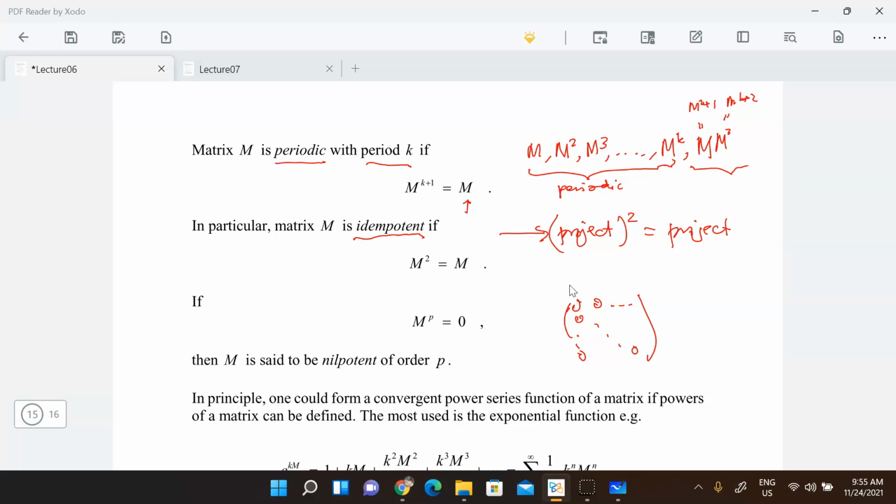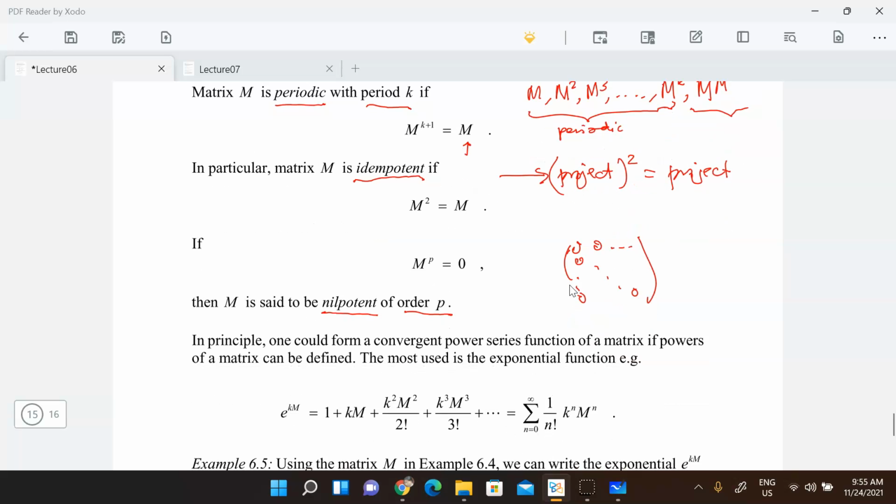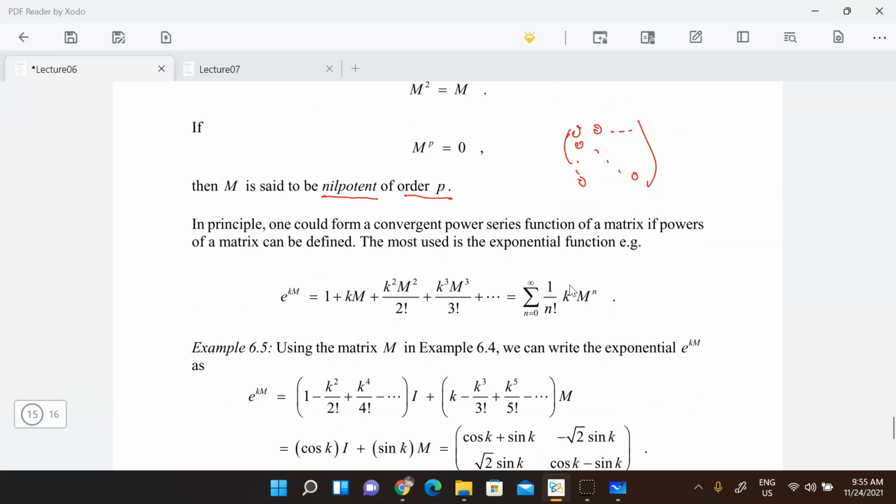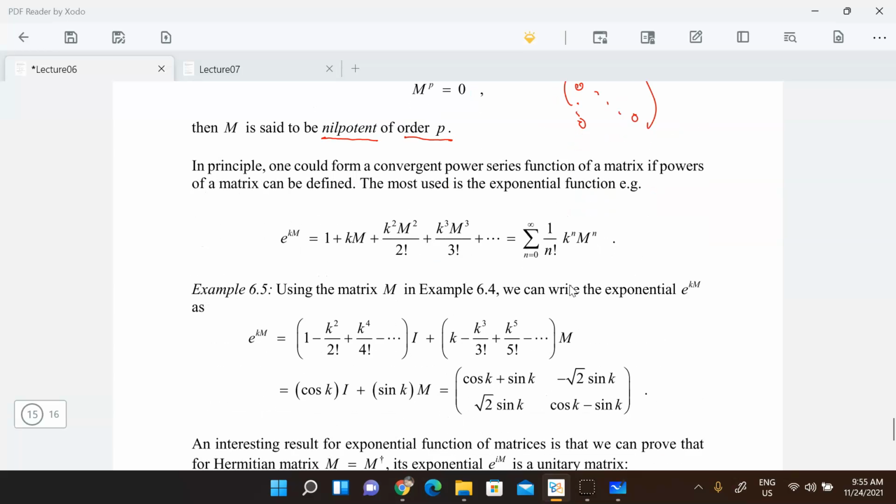And it does that for a particular power, in this case power P, then we call this a nilpotent matrix of order P. And again, there are some uses of this. Probably when you do more abstract algebra, then you should be able to see why nilpotent is going to be important.